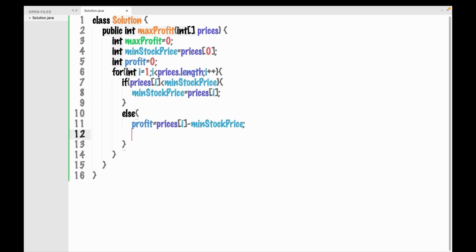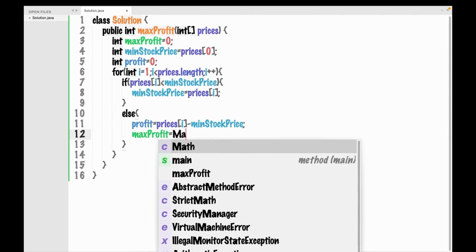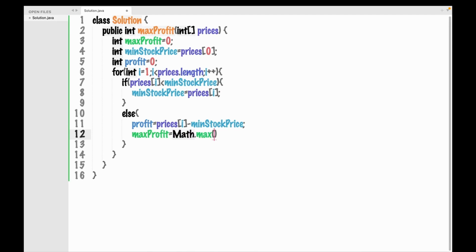And we would also update the value of max profit by comparing it with the value of profit, because at each index we have to compare the value of max profit with the value of profit, so that we get the maximum profit out of all profits. Once we have done this, we would return max profit. That's how we should proceed to write our code for our approach.